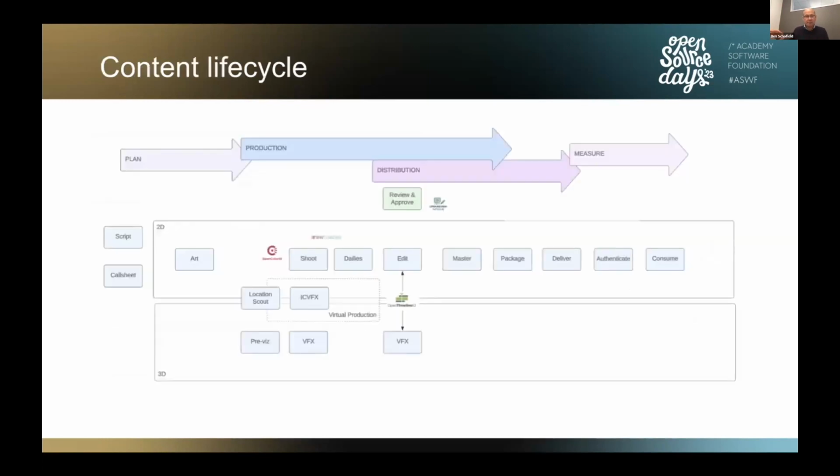So here's a very simple view, again mimicking that life cycle, starting with the planning phase, production, distribution. I've overlapped production and distribution because a lot of the work around mastering and localization is a repeat of the post-production process. You're using the same tools. And then obviously when you get to the end of that process, you're doing consumption.